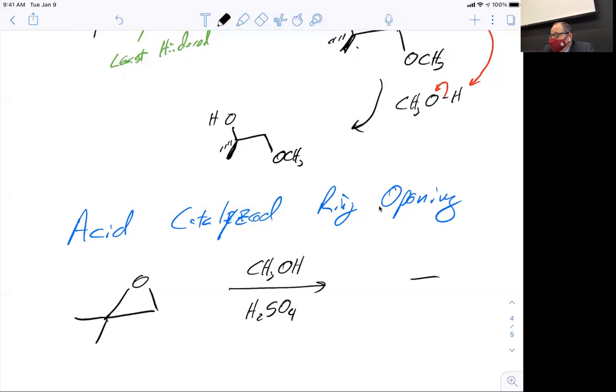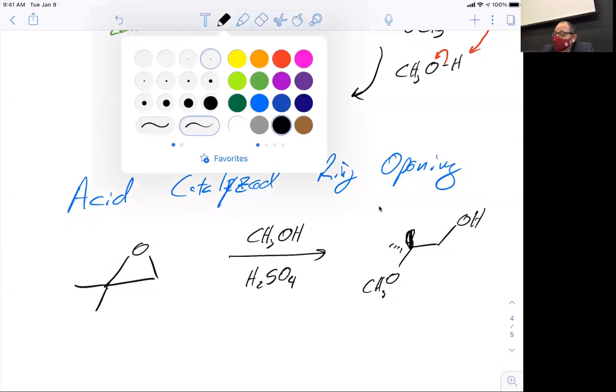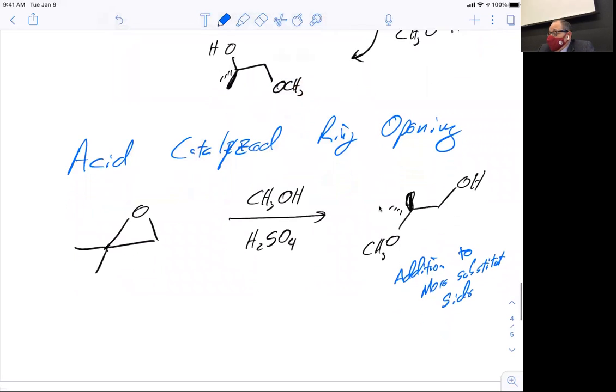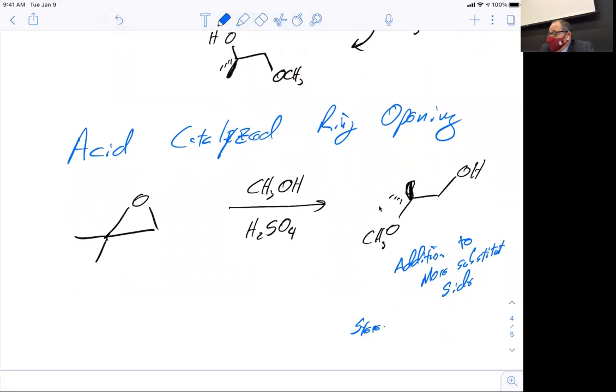In this case, what we end up with is attack at the opposite side of the epoxide. And our stereochemistry is still trans, right? We have one on top and one on the bottom. So we still get a backside attack.